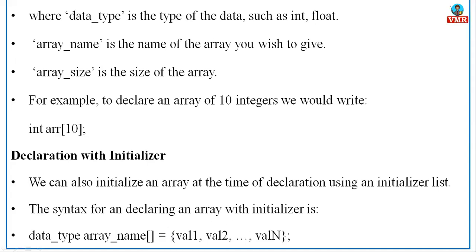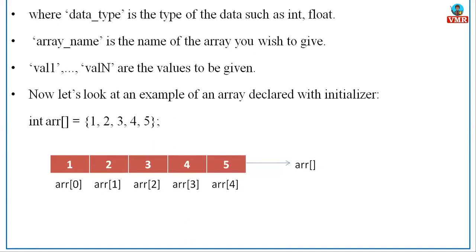If by mistake I have given size 5 and then give 6 values, you may get exceptions like array index out of bound. Exceptions, as we discussed in previous lectures, are nothing but runtime errors. If you don't provide a size and directly initialize, it automatically takes the array size and stores your array values.